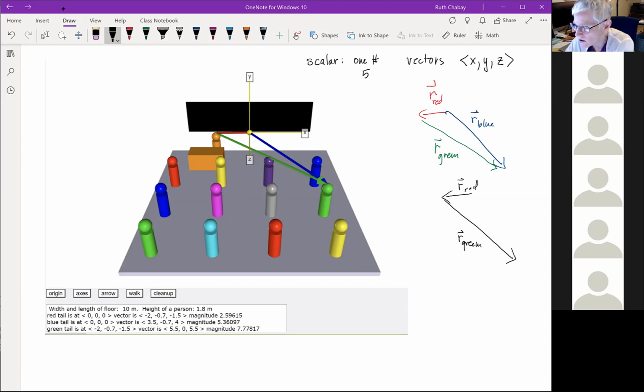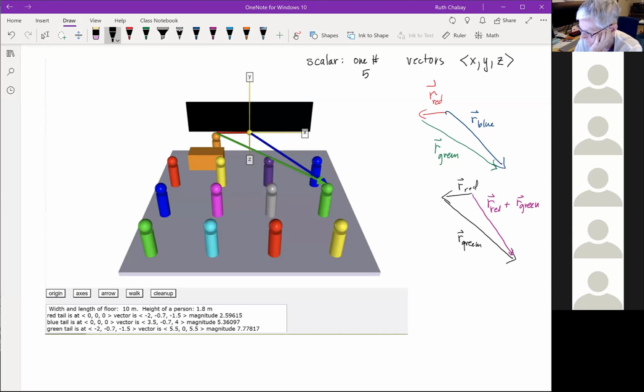So its total displacement from where it started is there, and this is actually the sum of R red plus R green. So let's see how that works out numerically.